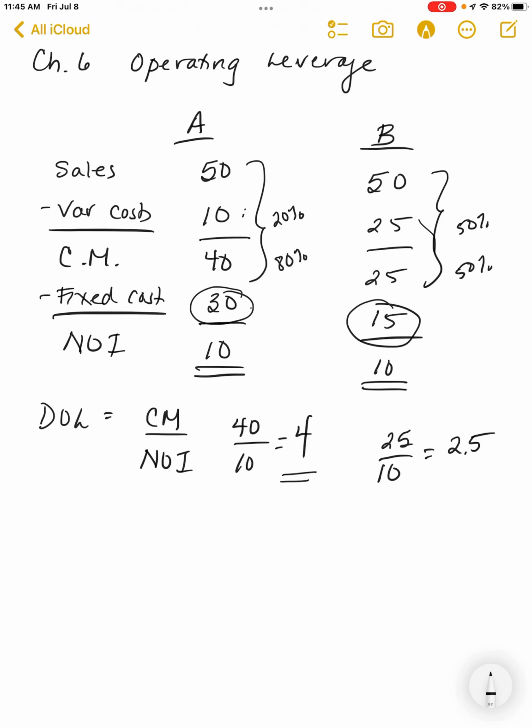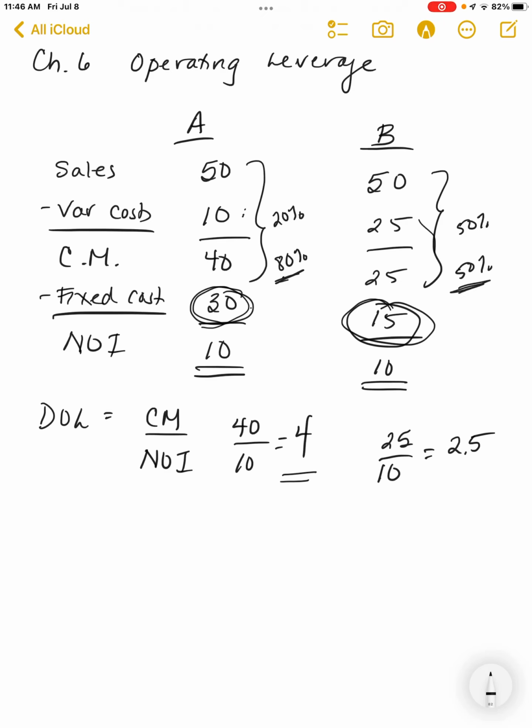But that being said, we use leverage for a reason. As sales increase, who is going to profit more? Well, once you've hit break even, firm A is going to be in a better position, because 80 cents on the dollar is going to go directly to net operating income.